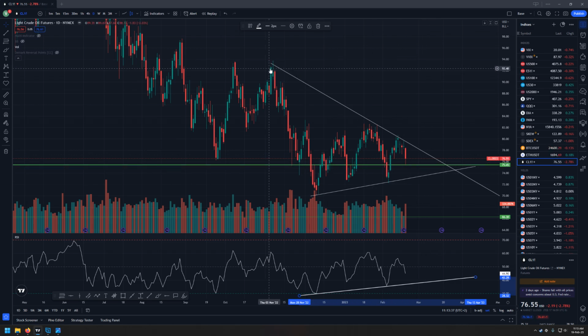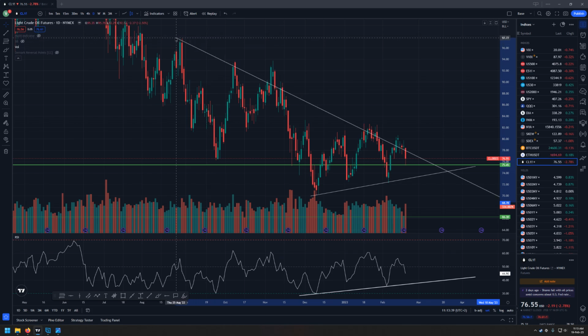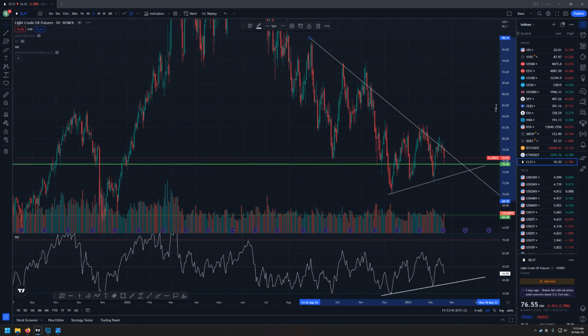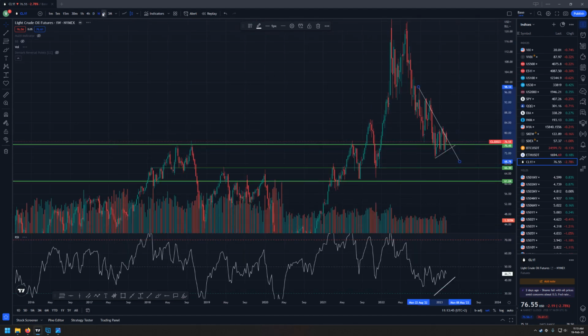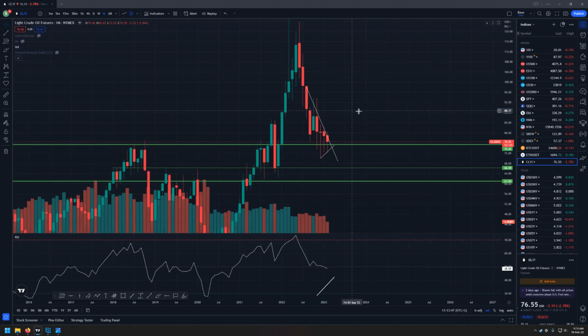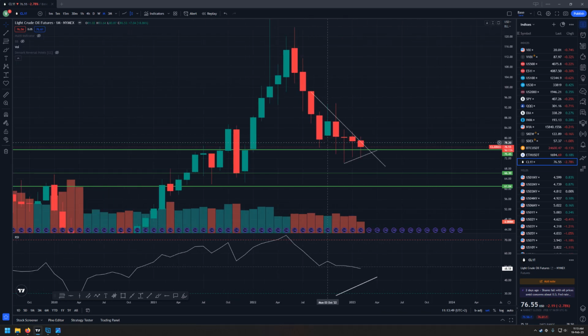This in theory is a bullish development, but the long-term view is still not that good. I like that we have lots of down weeks. We're probably 1 to 2 months away from an actual move up.